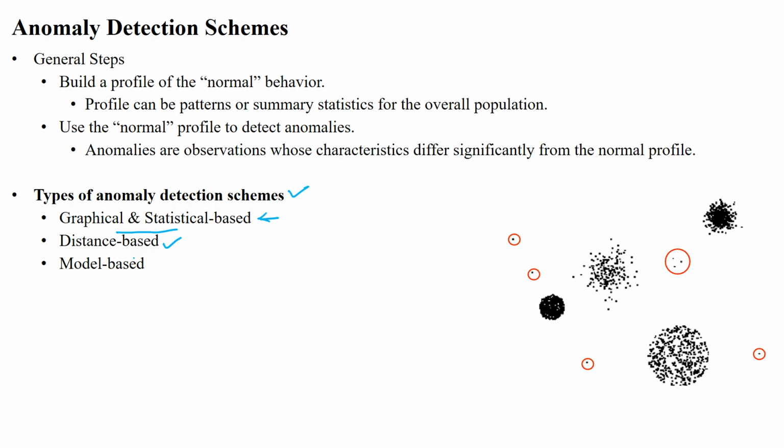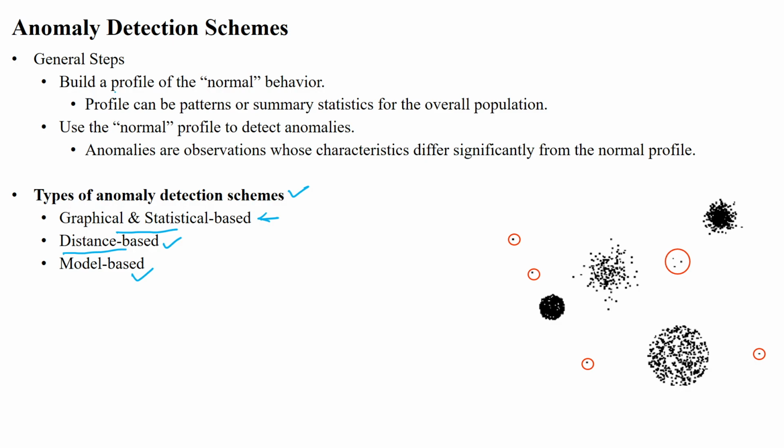We will use box plots for visualizing the outliers, meaning anomalies and normal data. Here we will use distance based metrics, for example Euclidean distance, Manhattan distance or Minkowski distance. Here model based: we will have different models, an anomaly model and a normal data model. Based upon that we will differentiate the normal data points and anomaly data points.